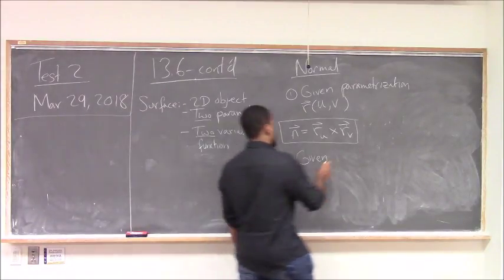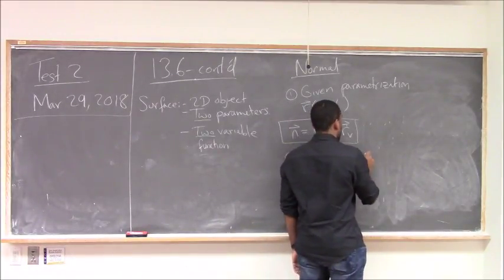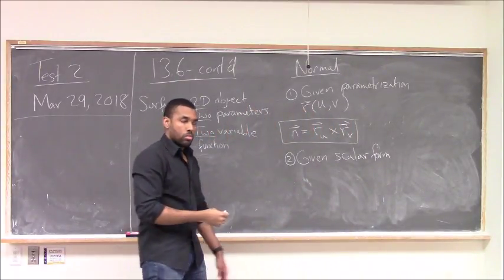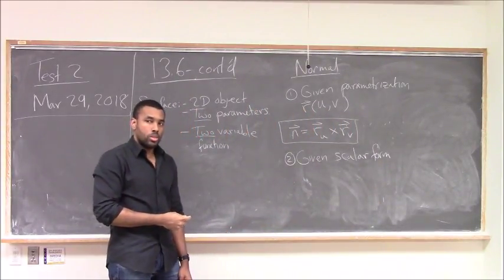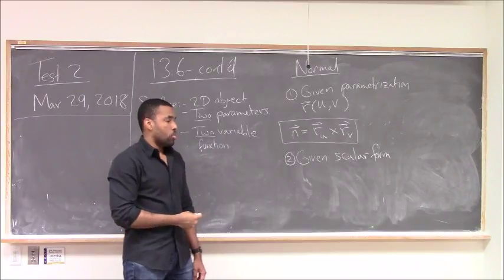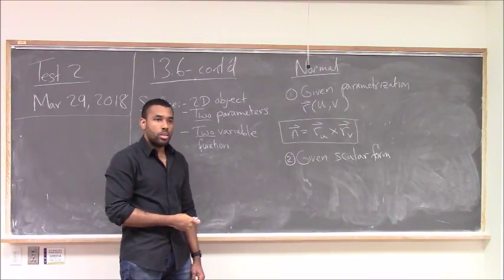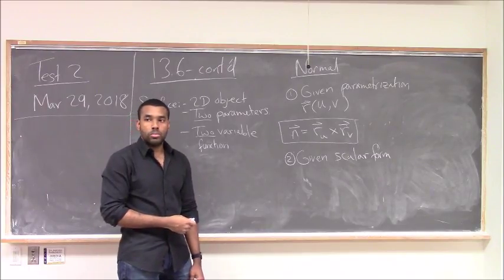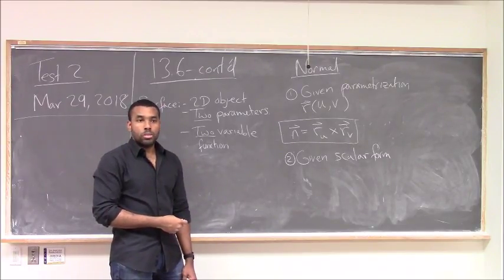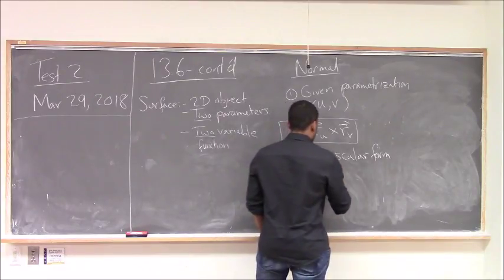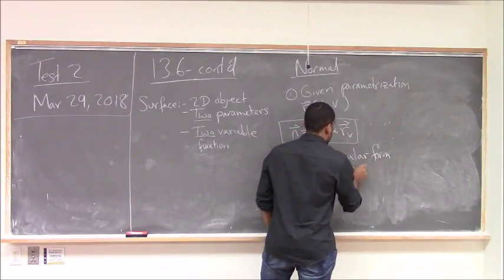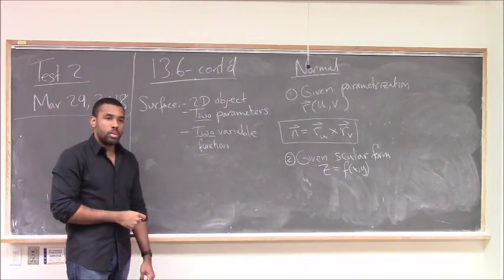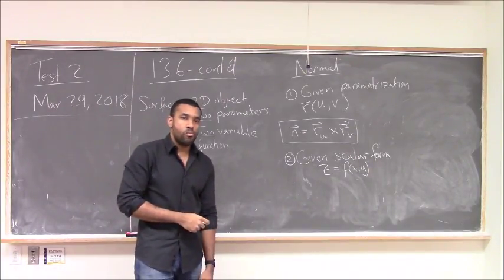So given a scalar form, for example, what would a scalar form look like? Give me an example of a scalar form. z equals f of x, y. Okay. Now suppose we can write a function in that form. Tell me how we can find a normal vector to that function.